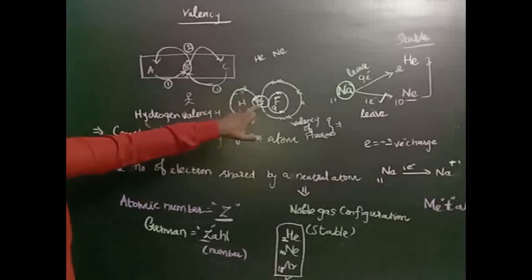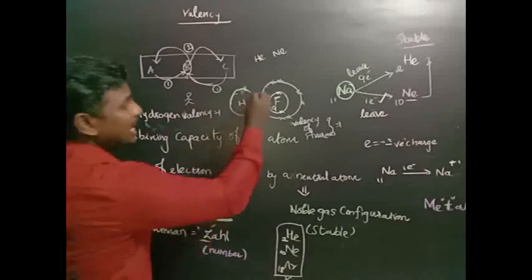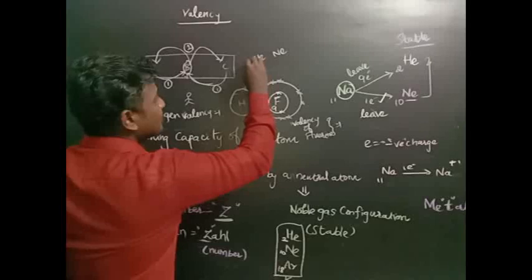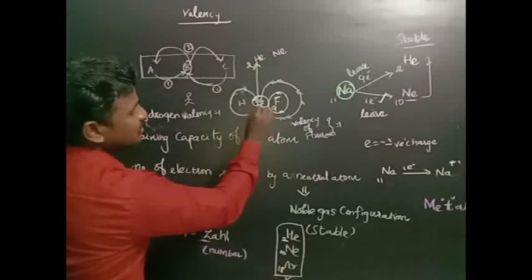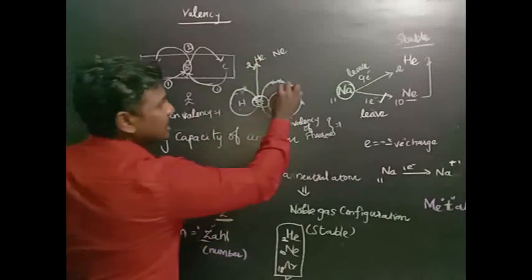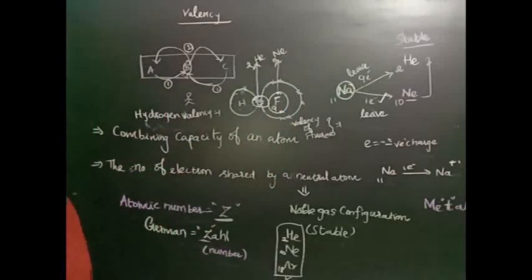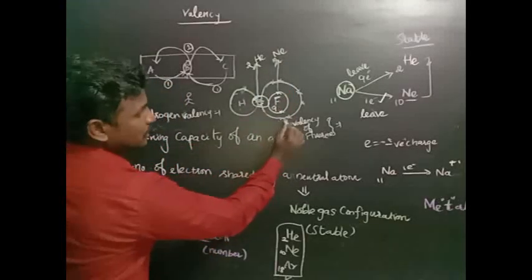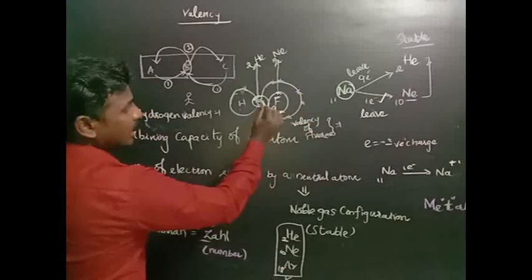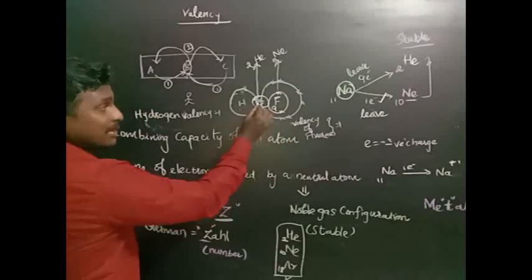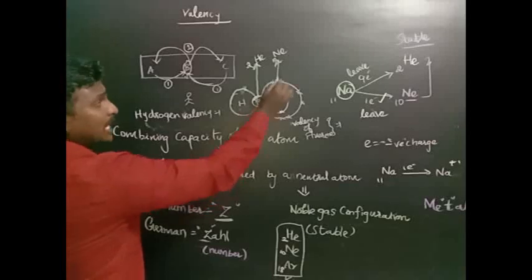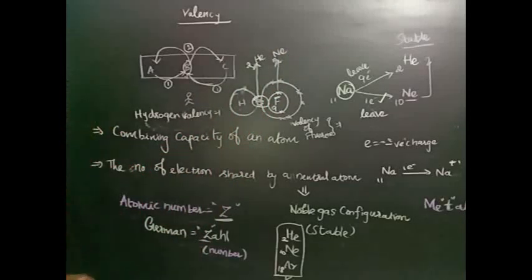The hydrogen reached the helium configuration because it gains 2 electrons here. This fluorine reached the neon configuration, which has 10 electrons. Listen, 1, 2, 3, 4, 5, 6, 7, 8, 9 and 10. While it is combining with 1 more electron, it reached the noble gas configuration.